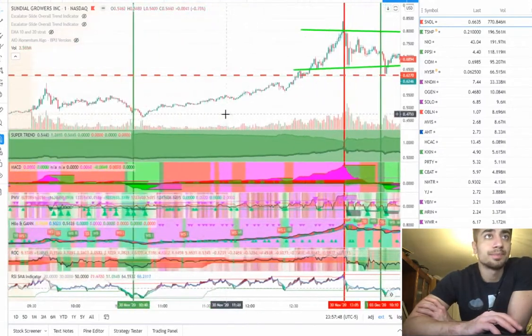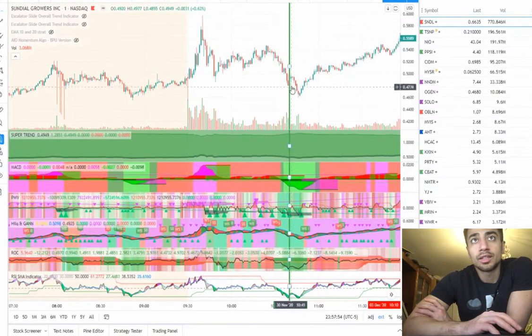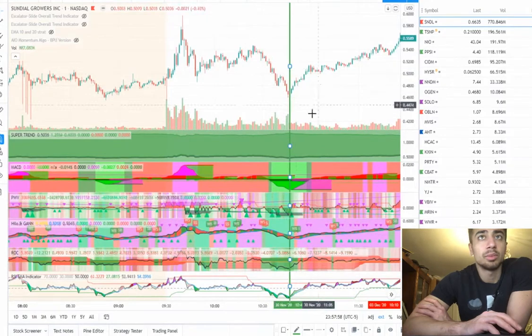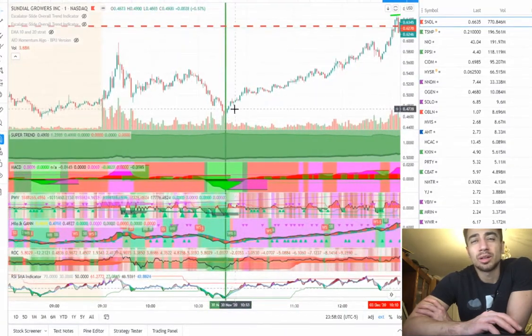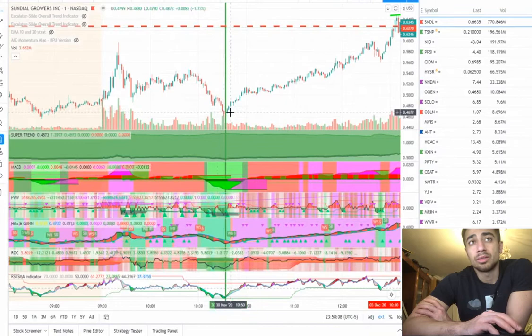Let's see. Where was I? Yeah, I was around here. So it falls here, and I've already marked what is apparently roughly the best place to buy. So this would be the best place to buy. It's basically when MACD's signal line is probably crossing. It may have crossed over there too. I don't know, I don't use it like that.